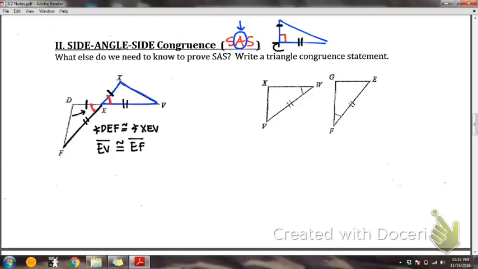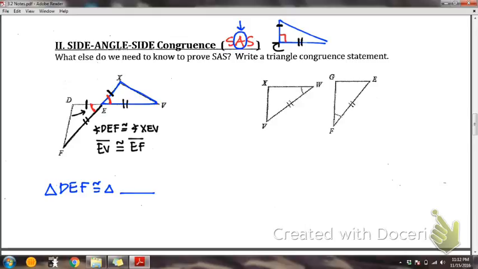Let's look at the second example. I'm sorry, and then it said to write a triangle congruency statement. We've been forgetting to do that. Okay, so if I know that these two things are true, then I can say that it's side, angle, side. So let's write triangle DEF. So if I say triangle DEF, how would you finish that?